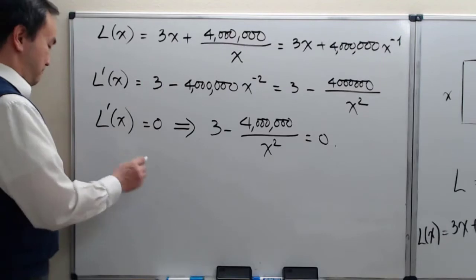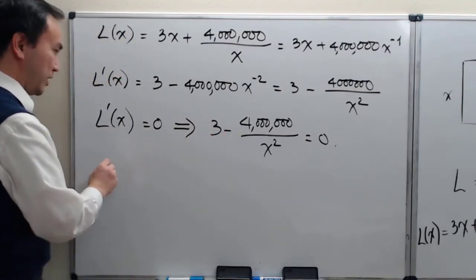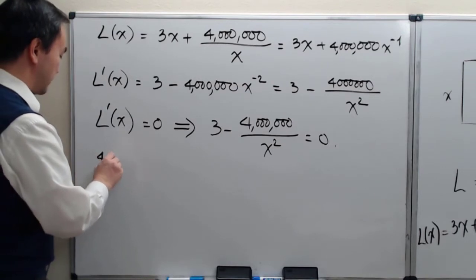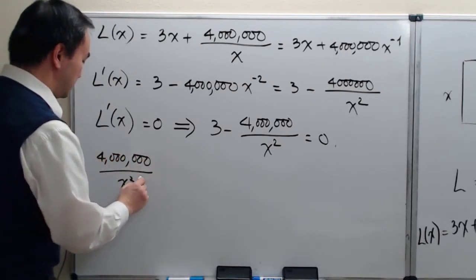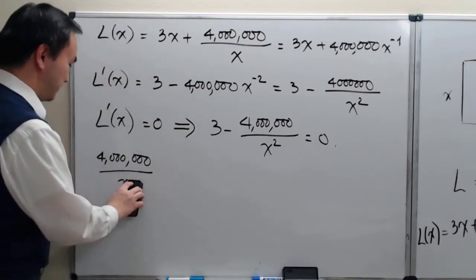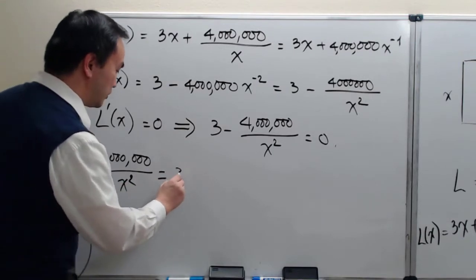I choose to go with this: the equation, as a quick reminder, is the same as four million over x squared, I wrote x cubed, apologize for that, so x squared, all that equals 3.